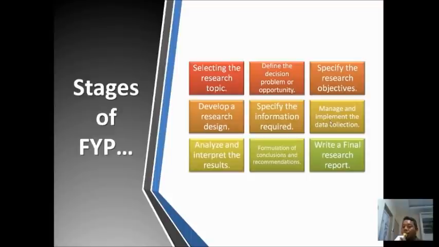You have to collect all the data, and then the data need to be analyzed and you need to interpret the results. Based on the analysis that you make, you have to interpret what the results mean. Does it meet the objective? Because the aim is to solve the problem.